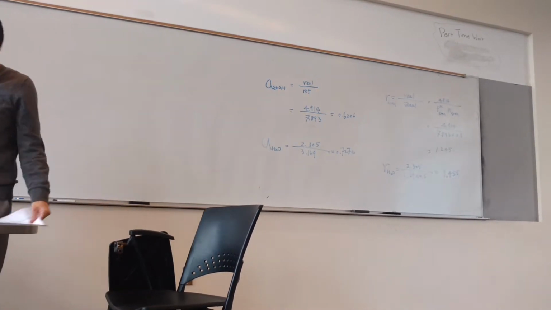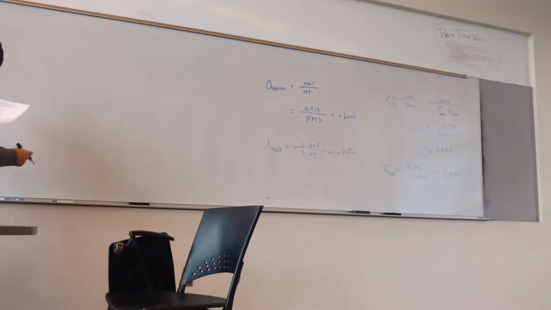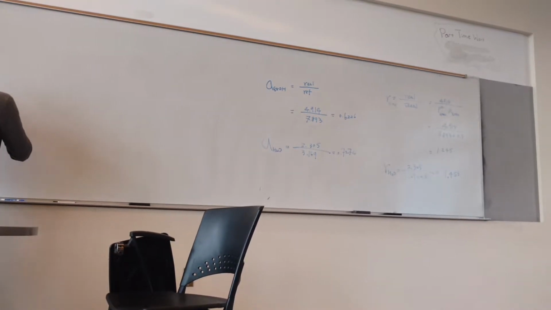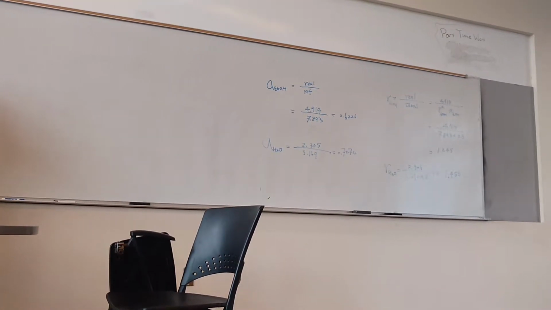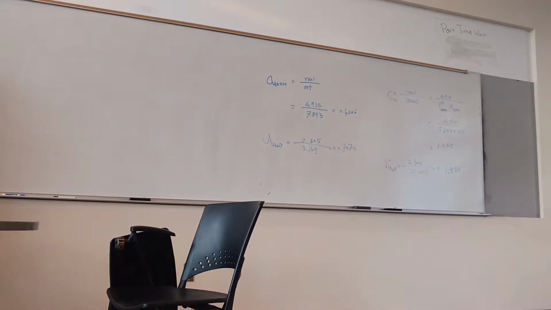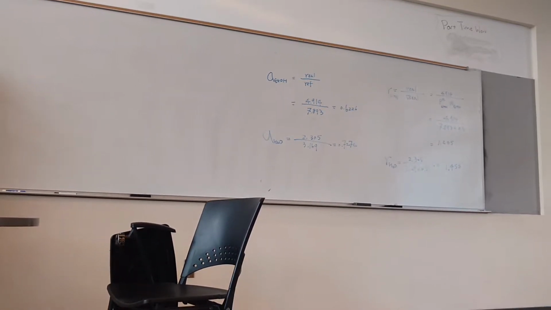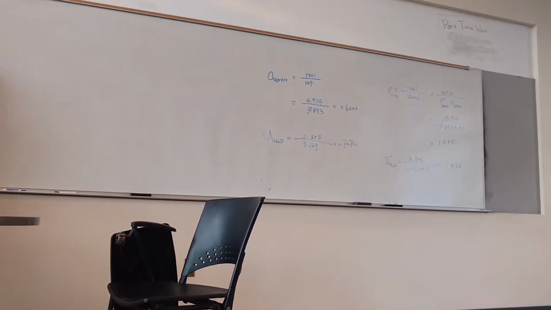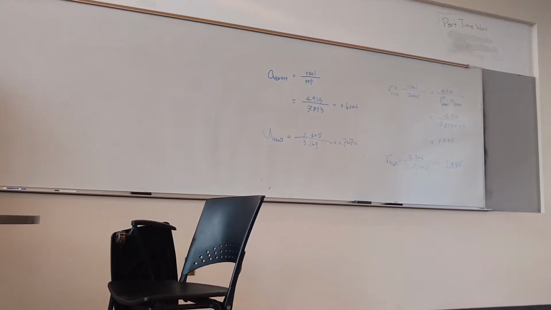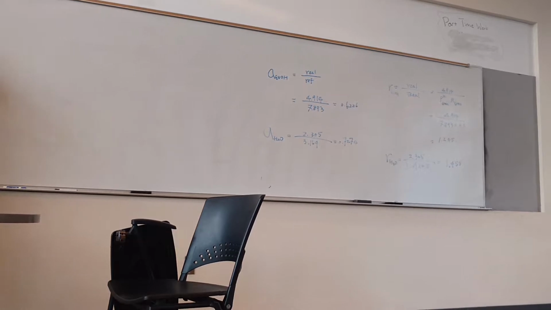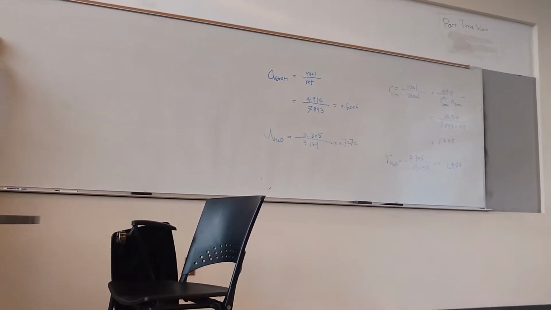Okay, question number 2. At 81 degrees C, the equilibrium vapor pressure of toluene, P toluene star, is equal to 39 kilopascal.